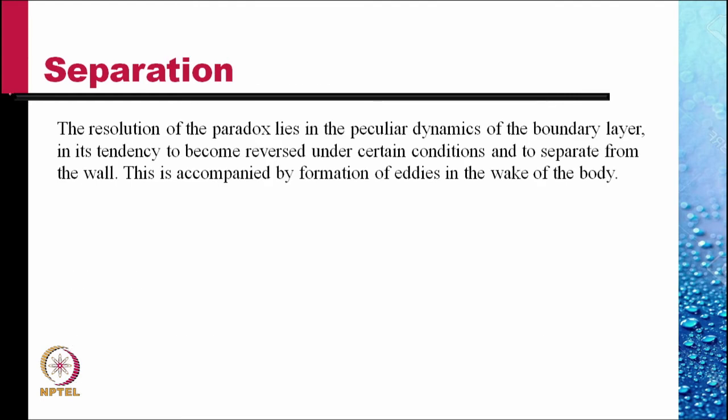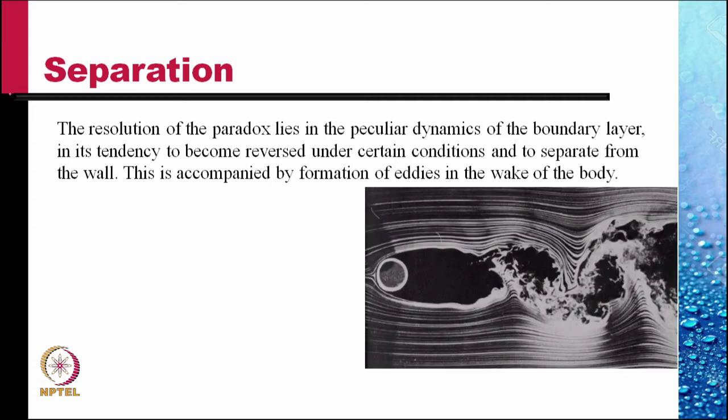The resolution of this paradox lies in the peculiar dynamics of the boundary layer, that is, in its tendency to become reversed under certain conditions and to separate from the wall. This is accompanied by formation of eddies in the wake of the body. We had seen that flow behind a cylinder looks like this.